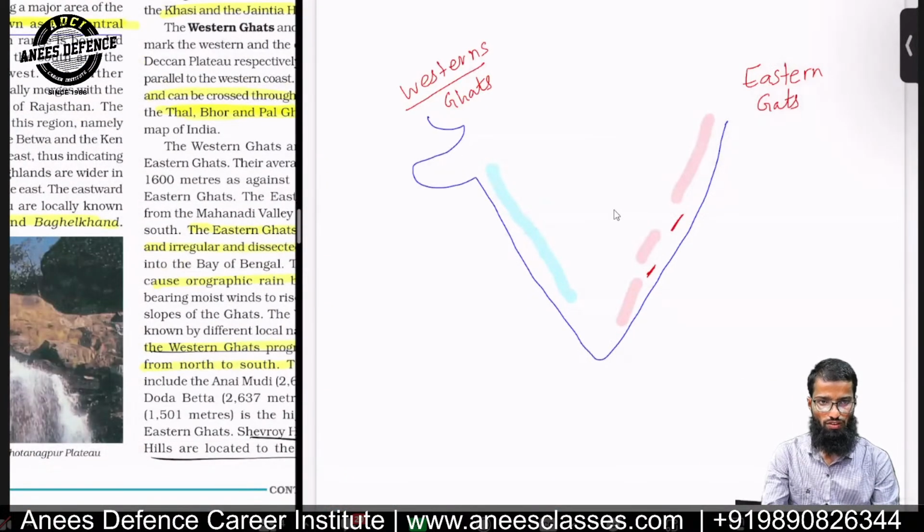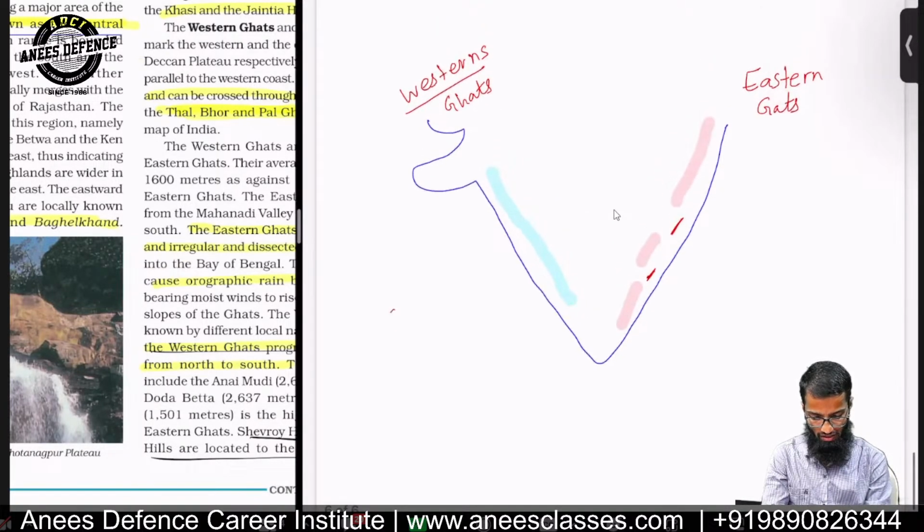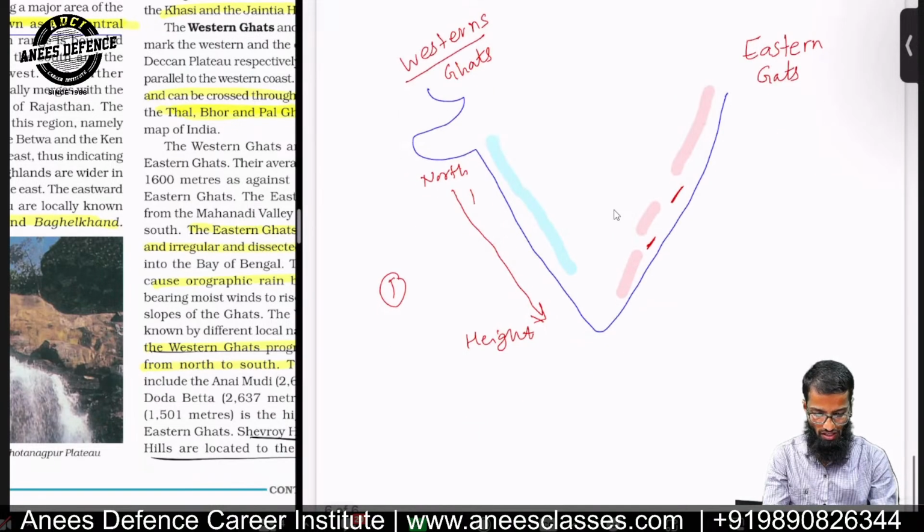So the question which is expected is that, and one more conclusion. I'm writing one thing, that from north towards the south, the height of the Western Ghats increases. So you have the highest peak as Anai Mudi, which is 2695 meters.